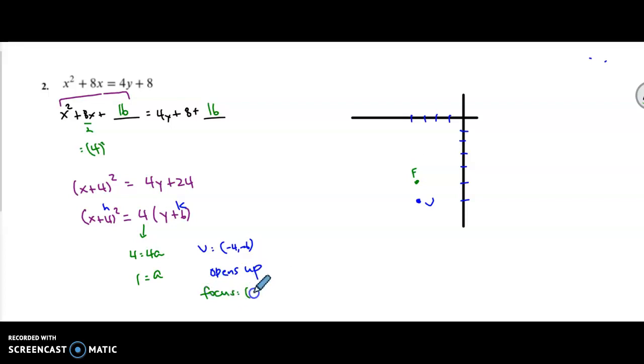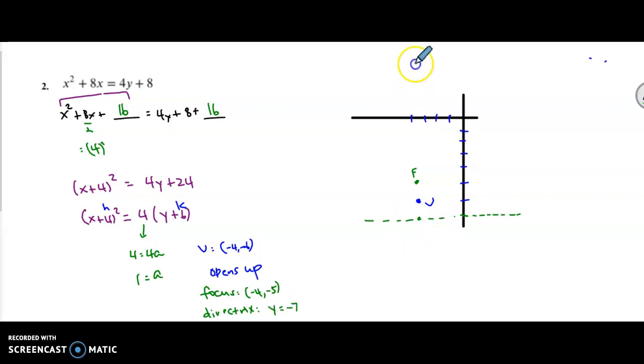So that's going to be at -4, -5. And the directrix is going to be a horizontal line. So I'm going to go 1 unit below the vertex. Okay, and it's going to go like this, and that's going to be at y equals -7.